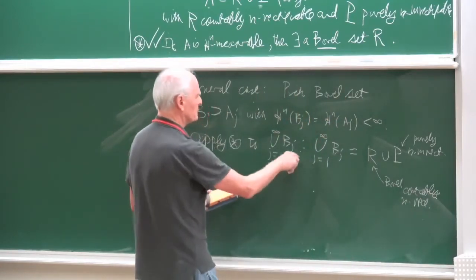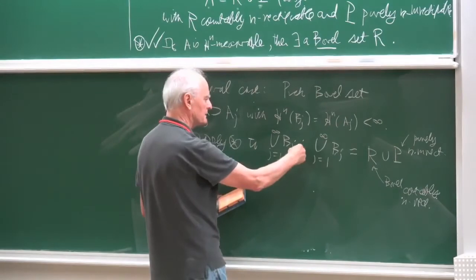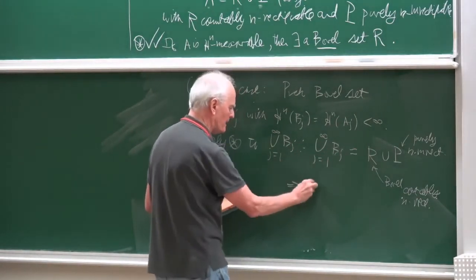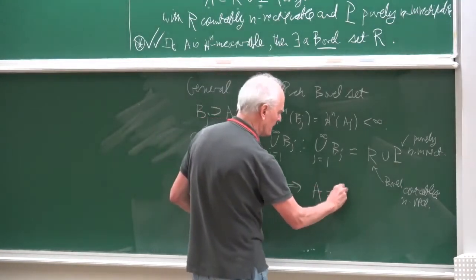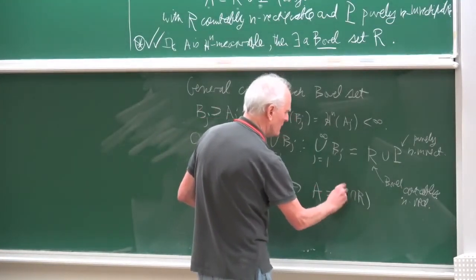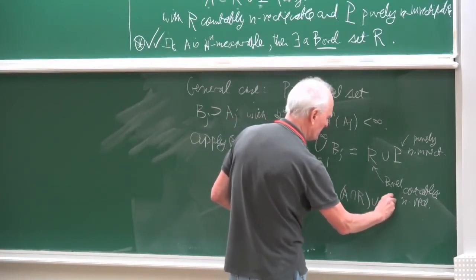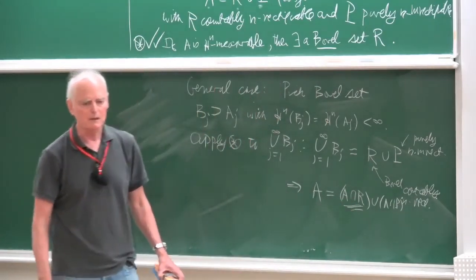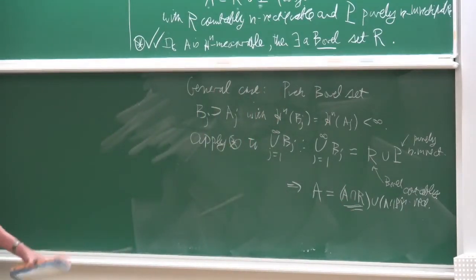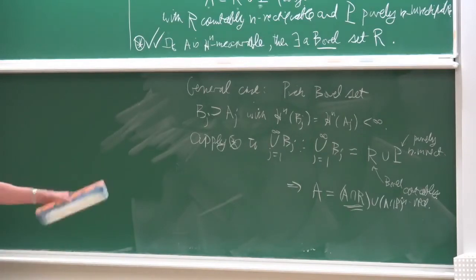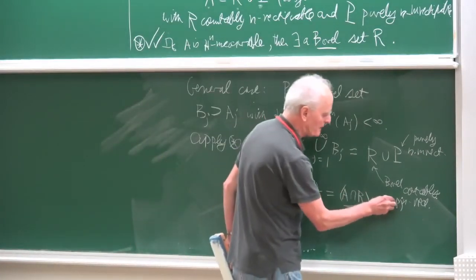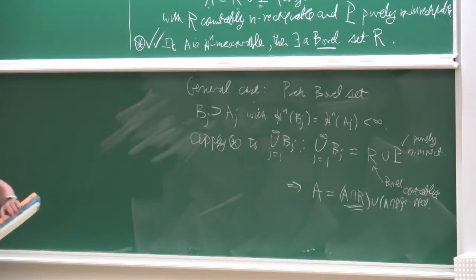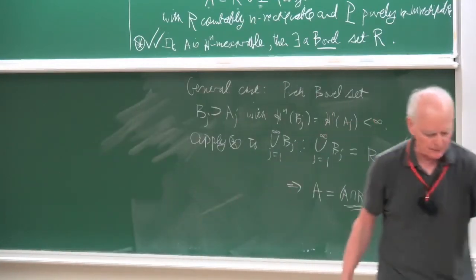But then we're finished because we simply intersect both sides. Notice this contains A, so we take the intersection of each side with A, and we get A equals A intersect R union A intersect P. This is a subset of a countably n-rectifiable set, and therefore it's countably n-rectifiable. And A intersect P is a subset of a purely n unrectifiable set. So that's also okay. All right, let's take a break for a few minutes.